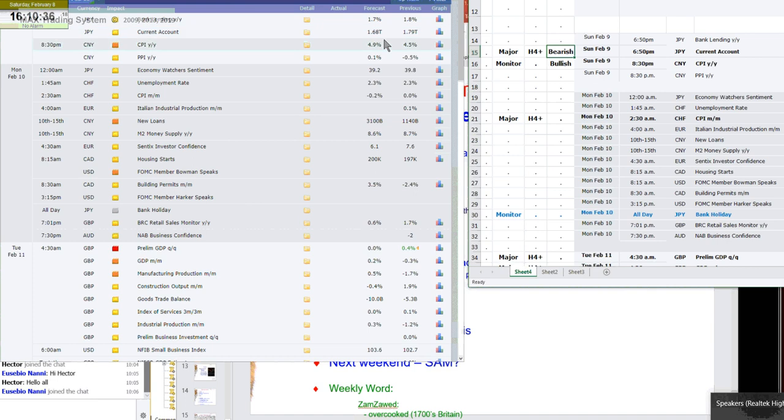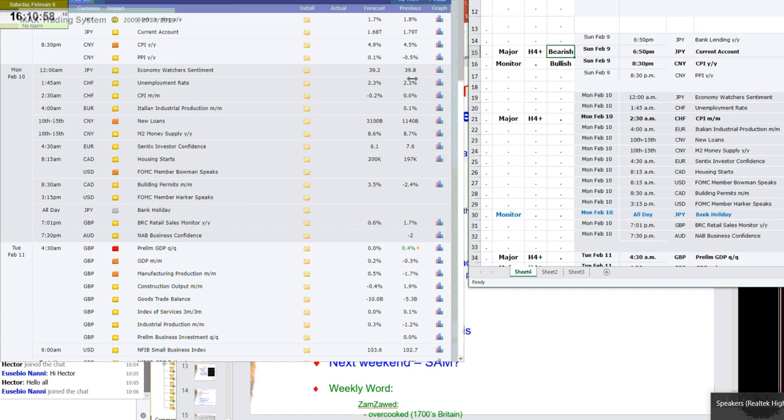And if the forecast is better than the previous, then the yen would be strengthening during the day until the news release. This is what the bias we indicate here, bearish or bullish, means. So it's a bias defined by the comparison between the forecast and the previous month's release.